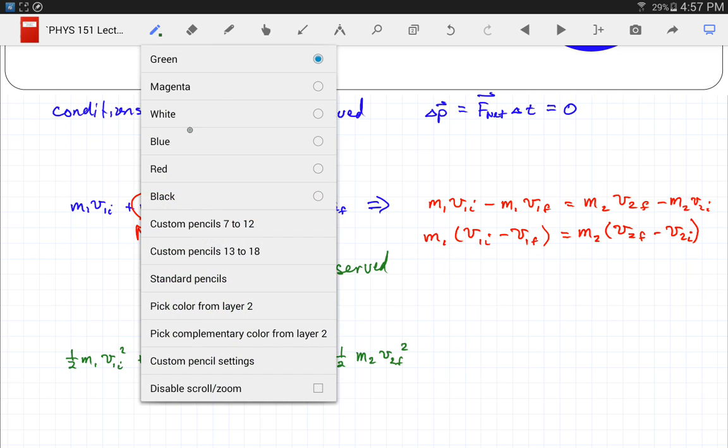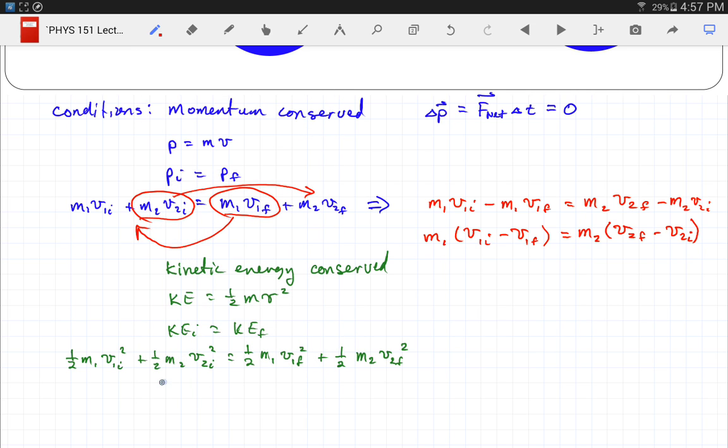Just like I did before, I am now going to take the terms and move them so I have mass 1s on the left side and mass 2s on the right side. I will also immediately multiply everything by 2, which just gets rid of all those 1/2.